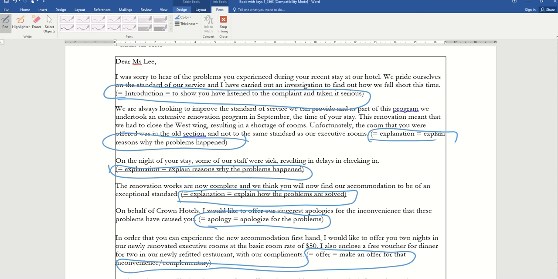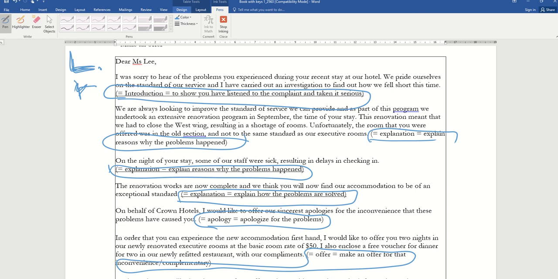Introduction to show that you are listening to the complaint and do care about it. Remember that we have L, which means to listen. In that case, it is face-to-face communication. But in this paragraph, you have to write the sentence to show that you acknowledge the problem and you do care about the problem or the complaint.